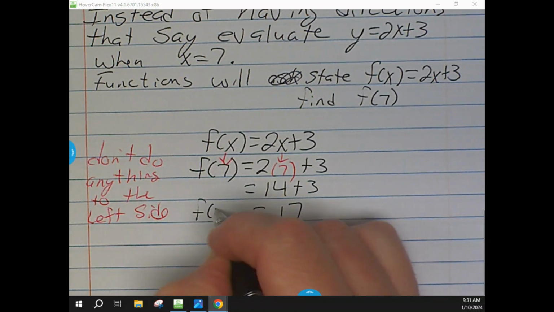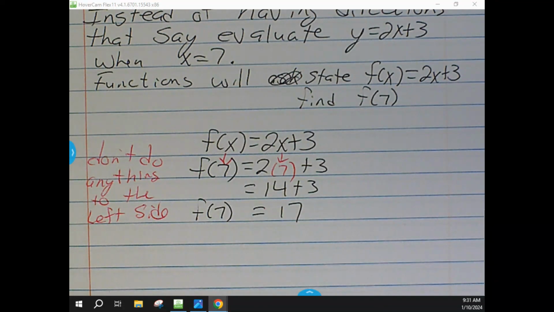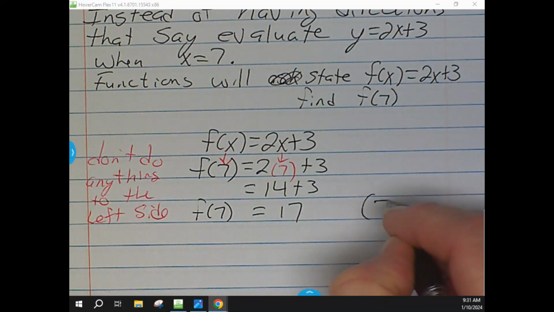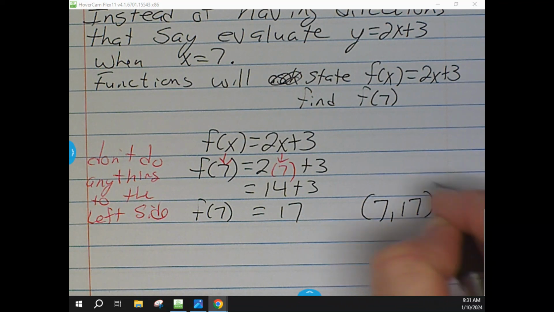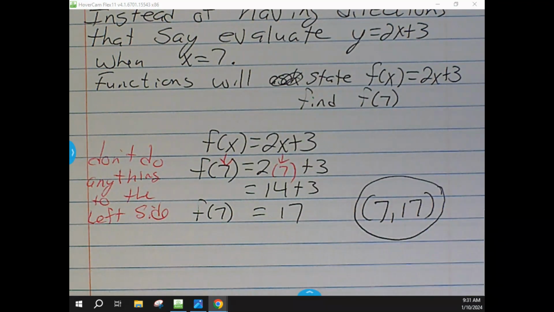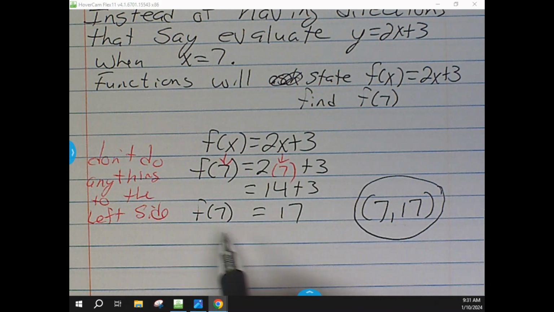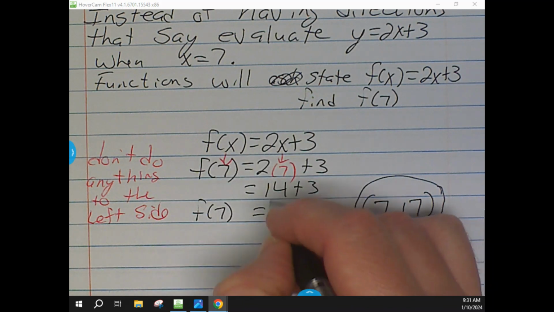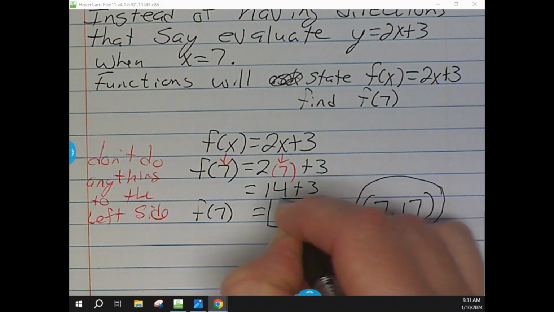So technically you would have f of 7 equals 17. If you were writing that as an ordered pair, that would be your ordered pair answer. But probably most times in MyMathLab, they'll give you this function in the question, and there'll just be a box, and you just go back and type in that number.